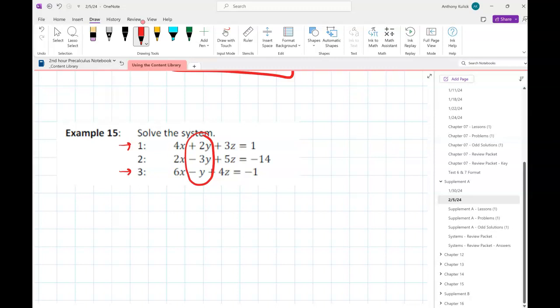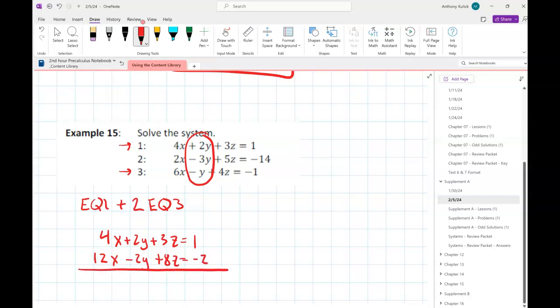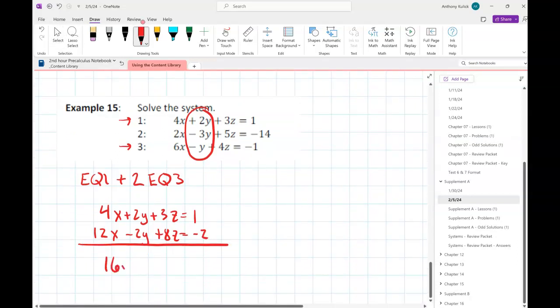So I'm going to do equation 1 plus 2 times equation 3. Everybody okay there?